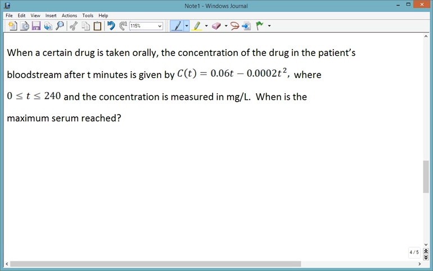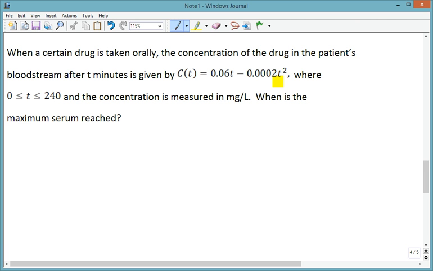So when we are trying to find the vertex again, we would be finding the t value instead of x, right? Because that's the variable that we're choosing. Now, if you notice, this is our t squared, right? So this is not in our standard order.